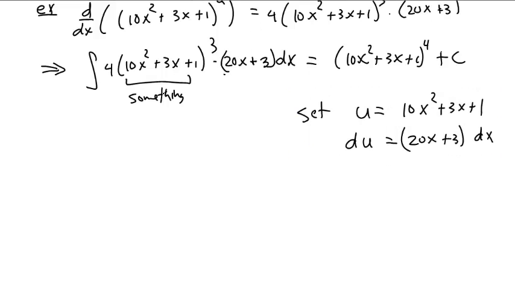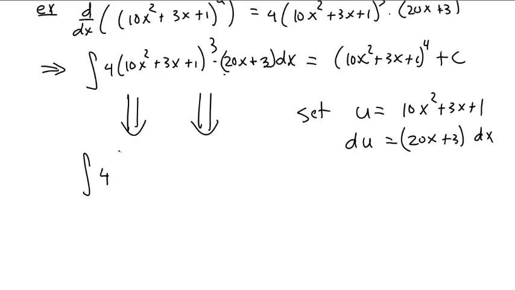This means that this integral becomes the integral of 4, copy everything unless we do something else to it. This 10x² + 3x + 1 becomes just u, because u is that, cubed, and then the (20x + 3) dx becomes du. That is to say, we are now trying to solve the integral of 4u³ du.